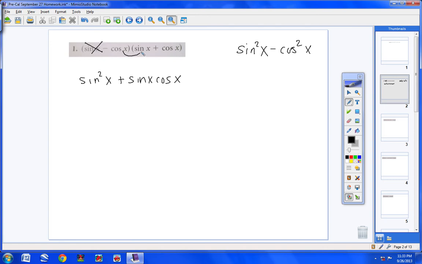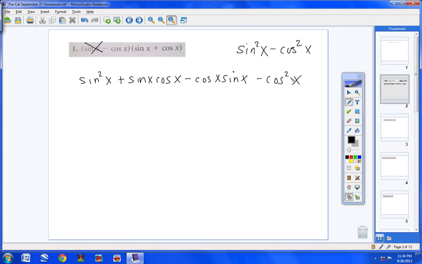So negative cosine times sine, negative cosine times positive cosine. Negative times a positive is negative. Cosine times sine would be cosine x sine x. And then negative cosine times positive cosine would be negative cosine squared x.